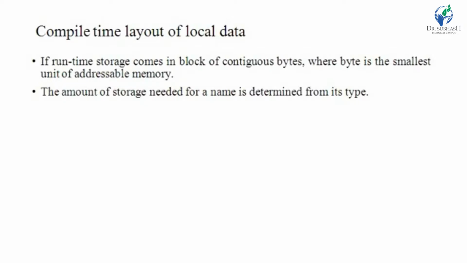So these three are the storage organization. In your GTU exam, questions may ask like, explain different storage organization techniques. First one is subdivision of runtime memory. Second one is activation records. And third one is compile time layout of local data.